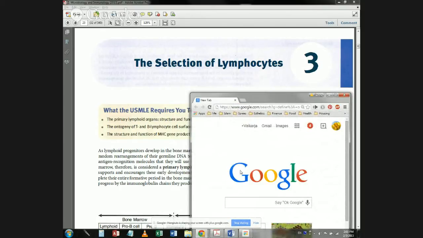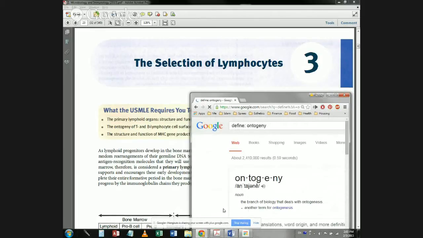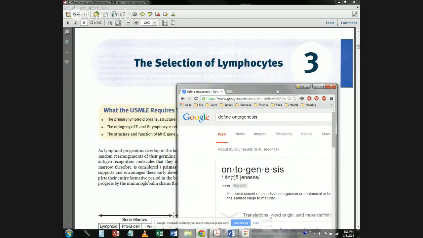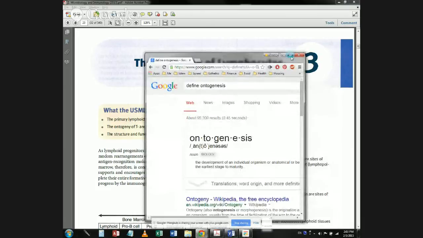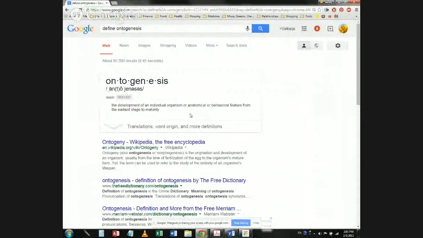That word means it's a branch of biology that deals with ontogenesis. And ontogenesis is the development of an individual organism or anatomical or behavioral features from the earliest stage to maturity. So basically it's just a development procedure, maturation.